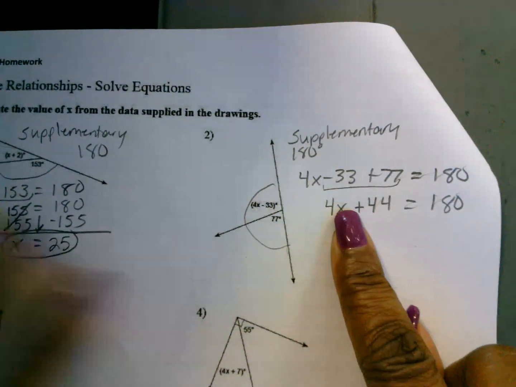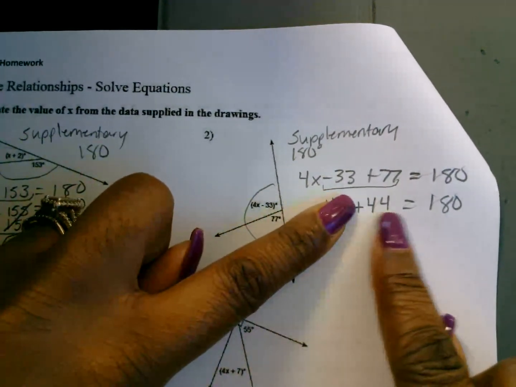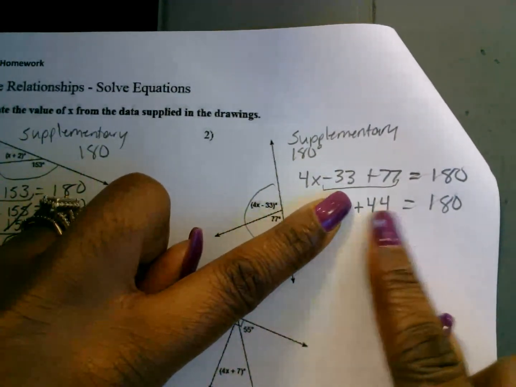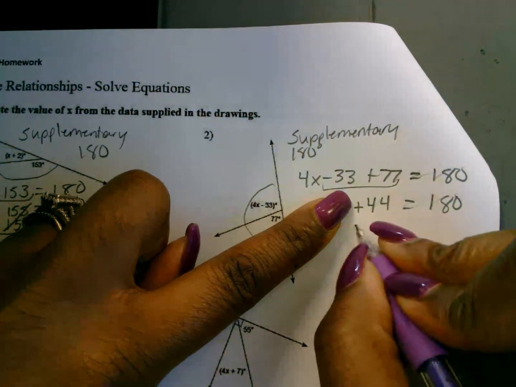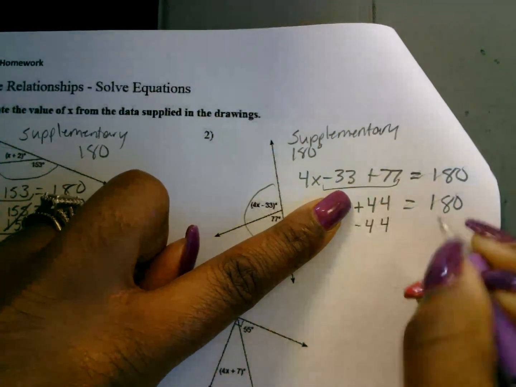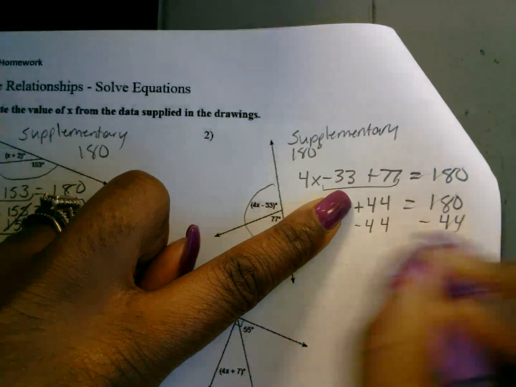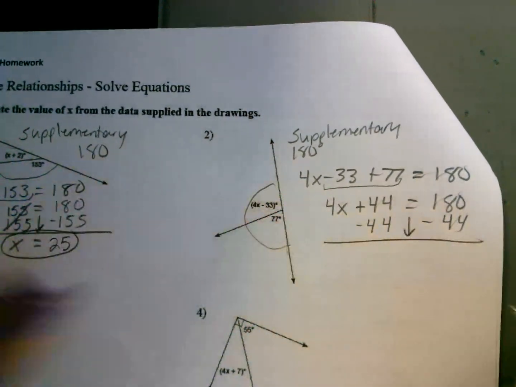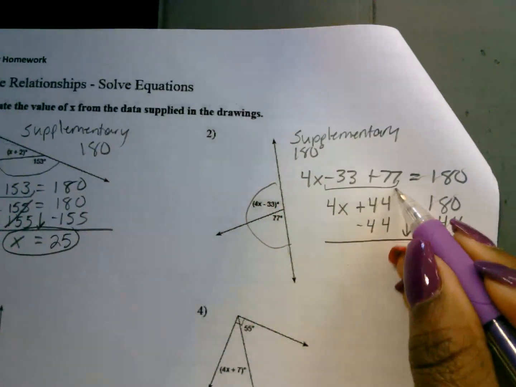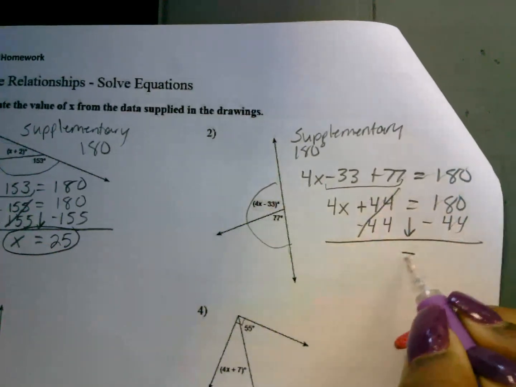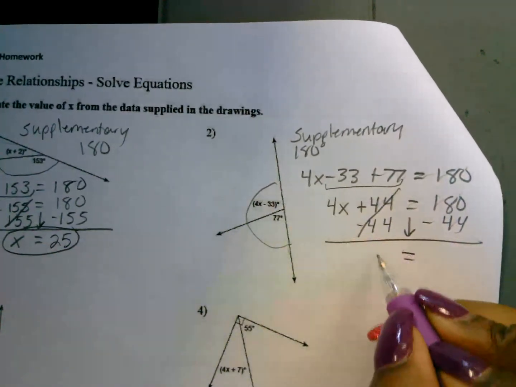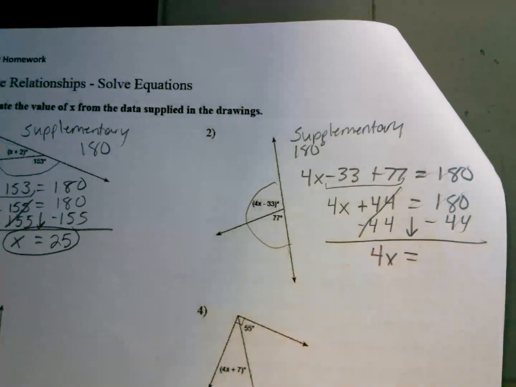So to get x by itself, we first must move the positive 44. The inverse of adding is to subtract. So the only way to move the 44 is to subtract 44 on both sides of that equal sign. When we subtract it here, that gives me 0, and I'm left with this 4x. So I bring down the 4x on this side.